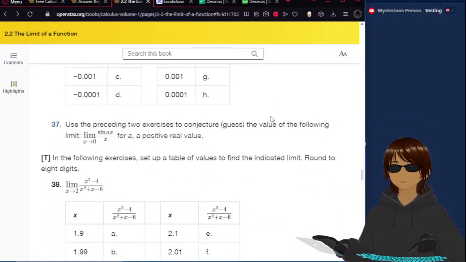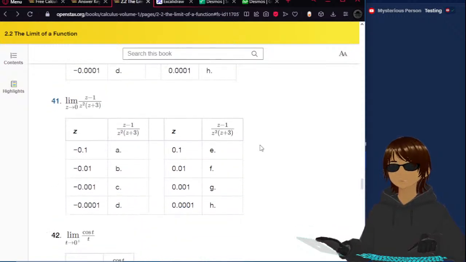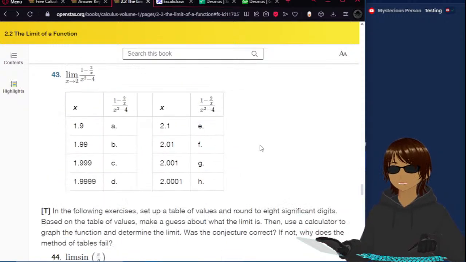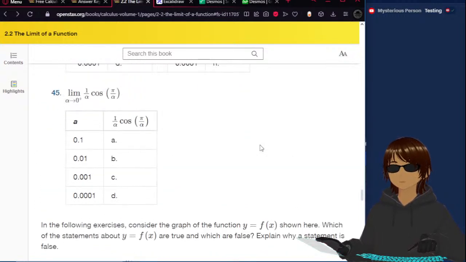Okay. Most of it is about filling values. Let's do question 45. Limit as a approaches 0 from the positive side, 1 over a cos pi over a.